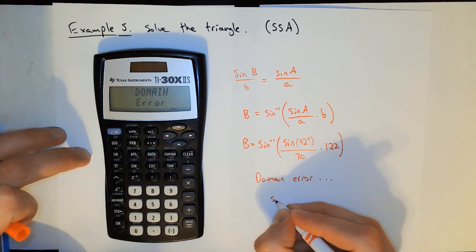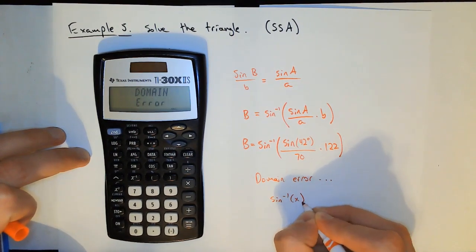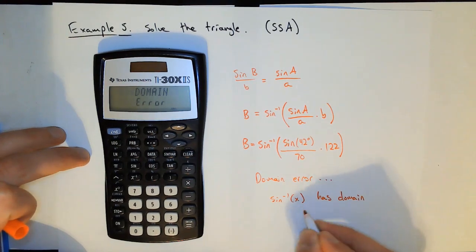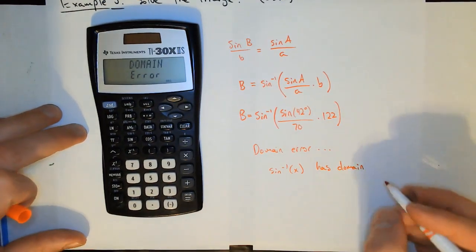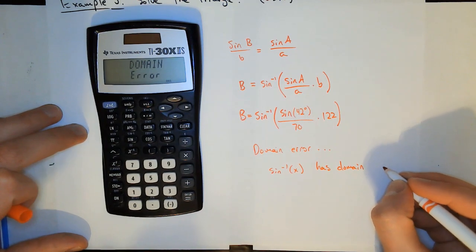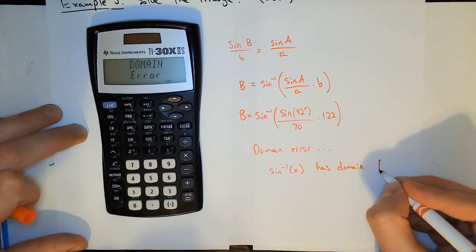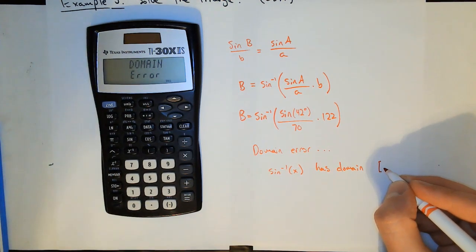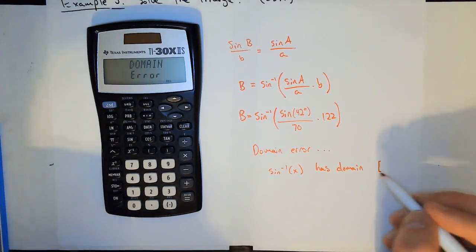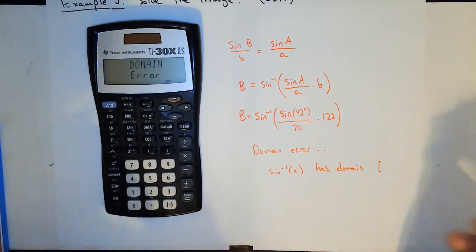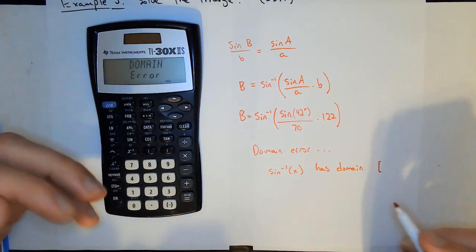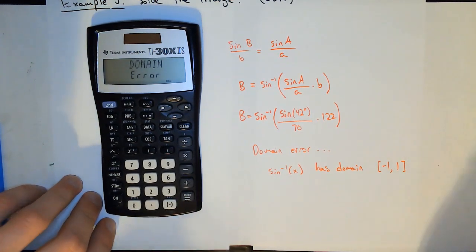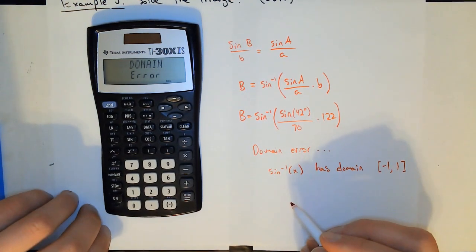Sine inverse of x, where x is just the generic input here, has the domain of what is the range of sine, right? -1 to 1, so that's the domain of the inverse. -1 to 1.